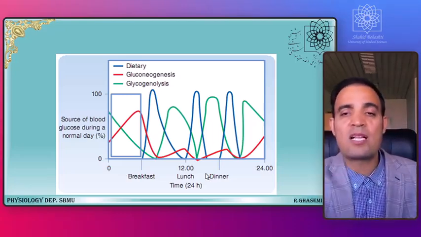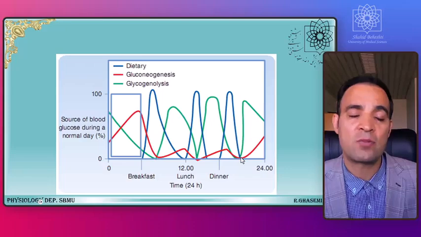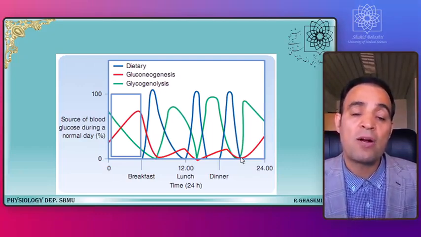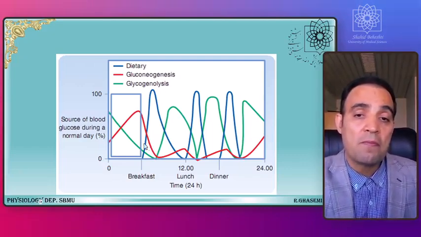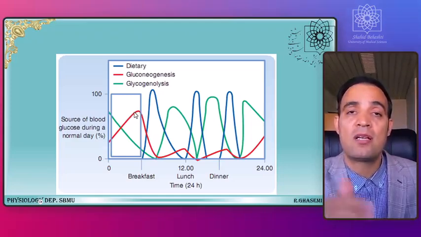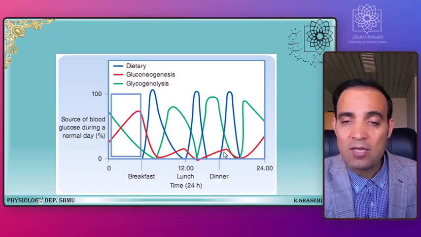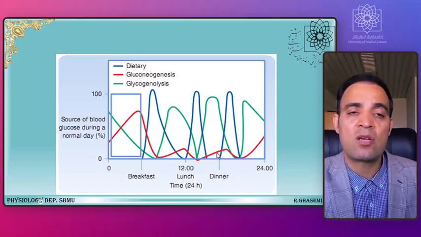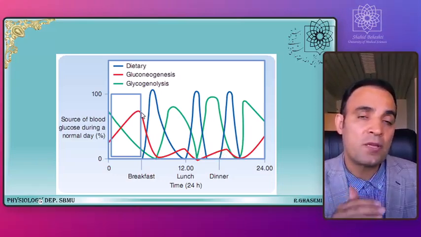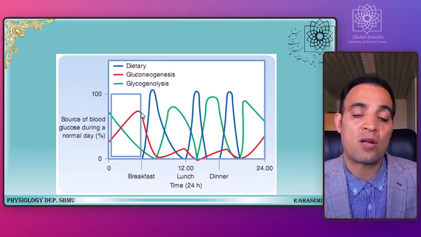And you know that during the night time, that is a long fasting period, you can see that firstly glycogenolysis is very high, but then during the night time, gluconeogenesis, formation of glucose from the amino acid and fatty acid, will be the dominant form compared with the daytime. The gluconeogenesis during the daytime is not very significant, but during the night time that we are sleeping and do not eat anything, this does not allow the blood glucose to drop.